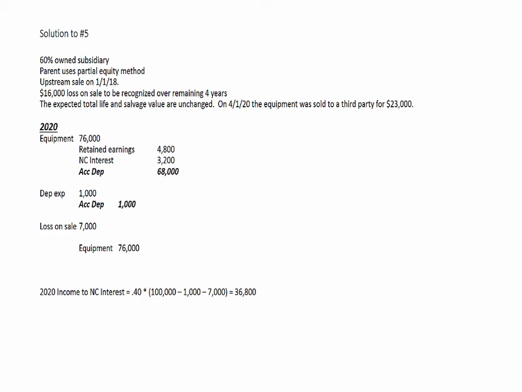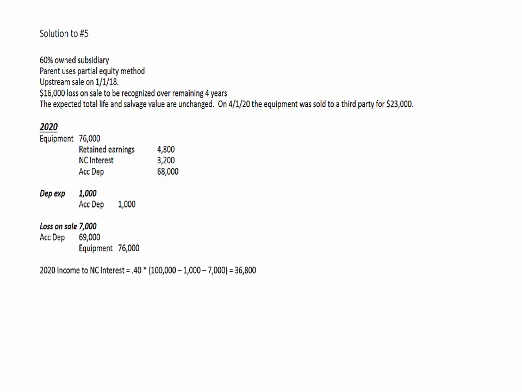We credited accumulated depreciation for $68,000. We credited it for another $1,000. So in our worksheet entries, we have a net credit of $69,000 to accumulated depreciation. This asset no longer exists on our books. So we have to get rid of that $69,000 of accumulated depreciation.